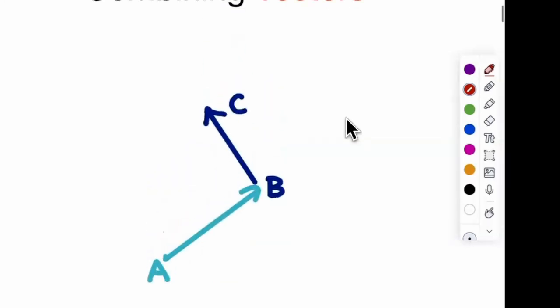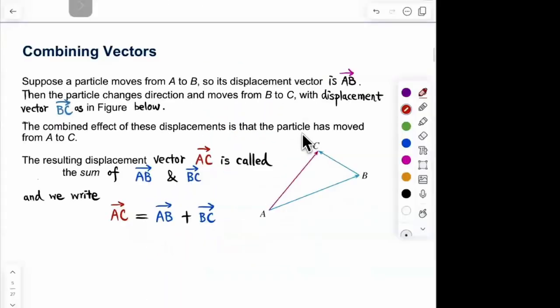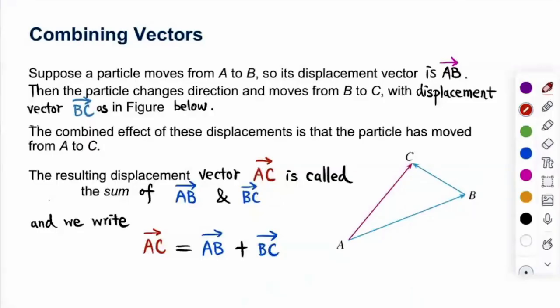All right, now we're going to talk about how to combine vectors. Suppose we have a particle that moves from A to B. The displacement vector will start from A and point to B, right? That's the AB displacement vector, so you can write AB and put an arrow on top.